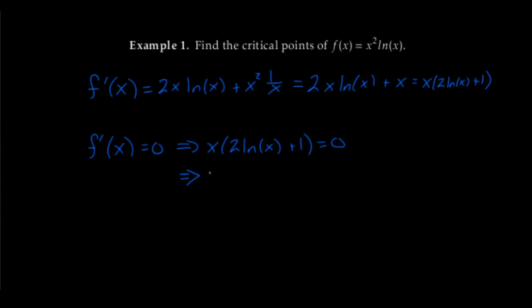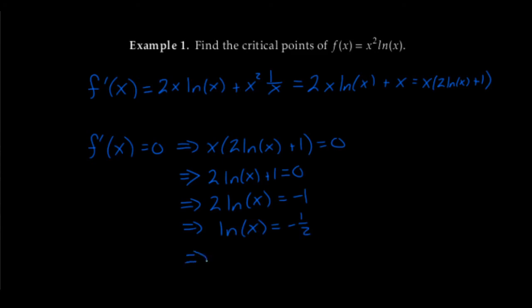So our only option is that 2 times the natural log of x plus 1 has to equal 0. All right, let's solve this. So this tells us that 2 ln x has to be equal to negative 1. Dividing by 2, this would tell us that the natural log of x has to be equal to negative 1/2.